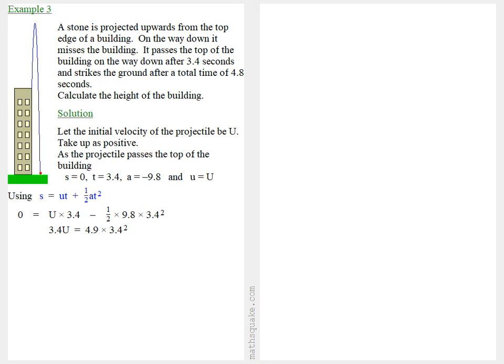So 3.4u is equal to 4.9 times 3.4 squared. Dividing by 3.4, we have u is 4.9 times 3.4, so u is 16.66.